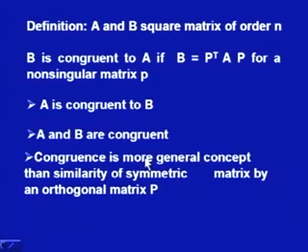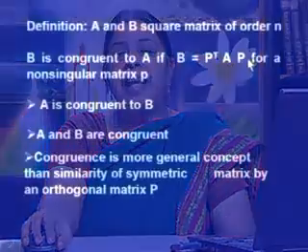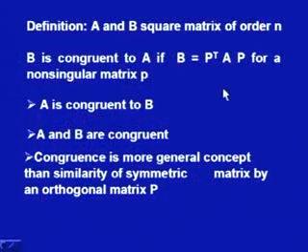In fact, congruence is a more general concept than similarity of symmetric matrices by an orthogonal matrix P. Since we have already gone through the lecture on similar matrices, we say that if B is equal to P inverse AP, then B is similar to A, and when P happens to be an orthogonal matrix, then P inverse and P transpose are the same, and in that case B is similar to A, where P is an orthogonal matrix.